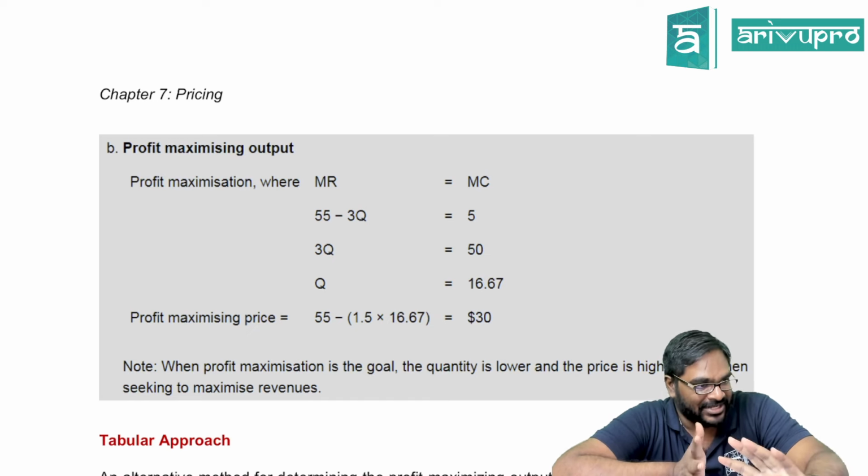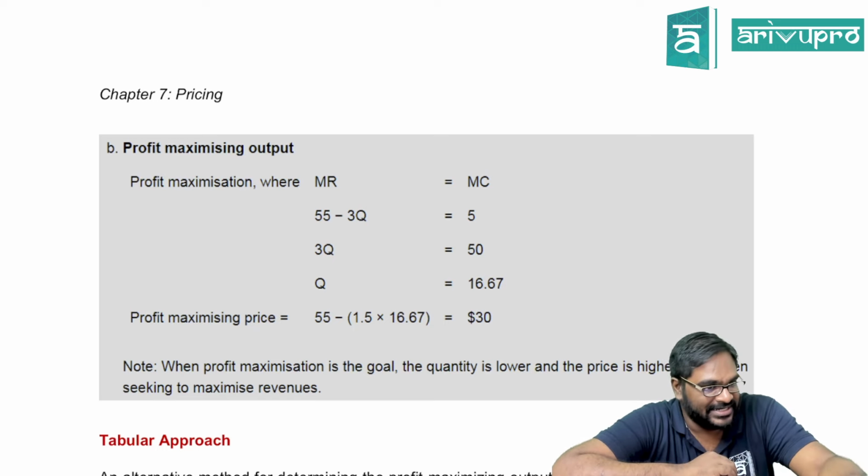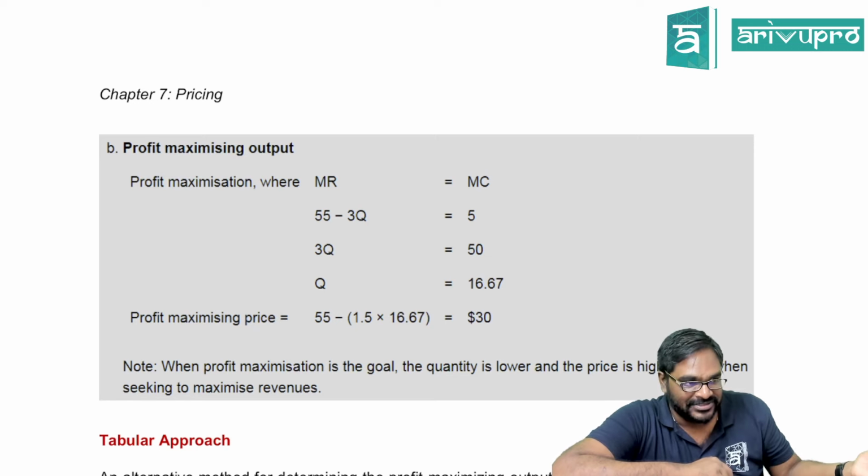Marginal cost we already calculated, so no need to recalculate it. We calculated it as 5 in activity 4, so we are using the same 5. In activity 3, we calculated the formula for marginal revenue, which was 55 minus 3Q.